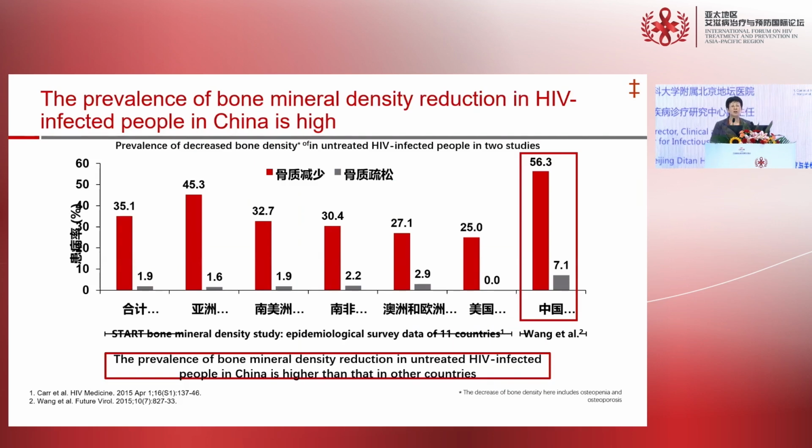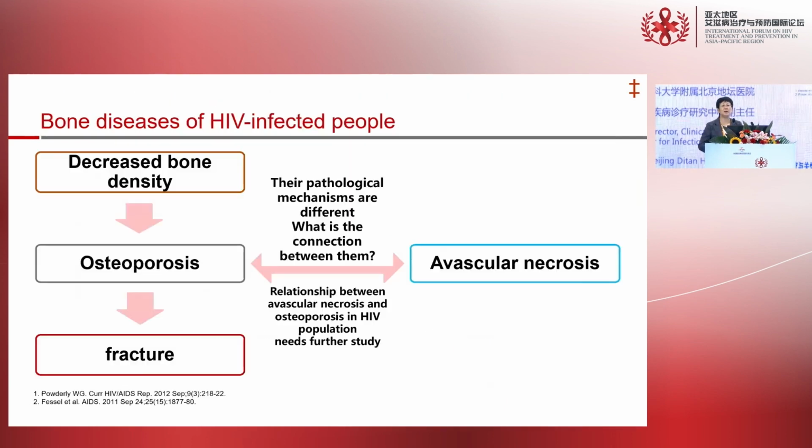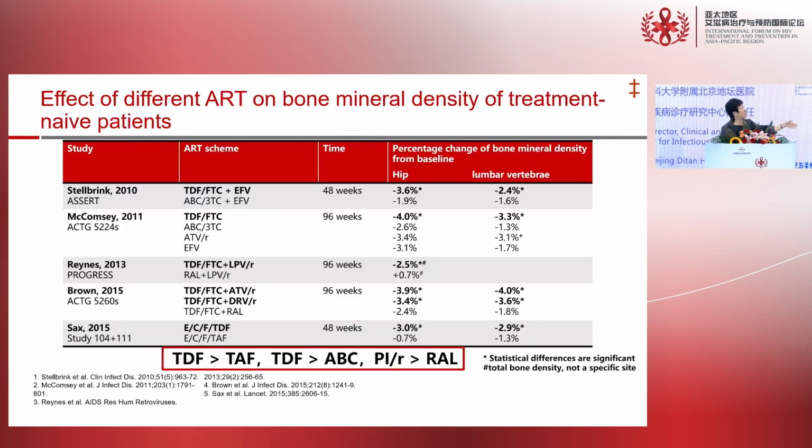Here shows the incidence of osteoporosis, and on the right-hand side is China data. Osteoporosis has been found quite prevalent among our patients, and these risks are inter-associated. Different agents may have different levels of impact on bone mineral density.